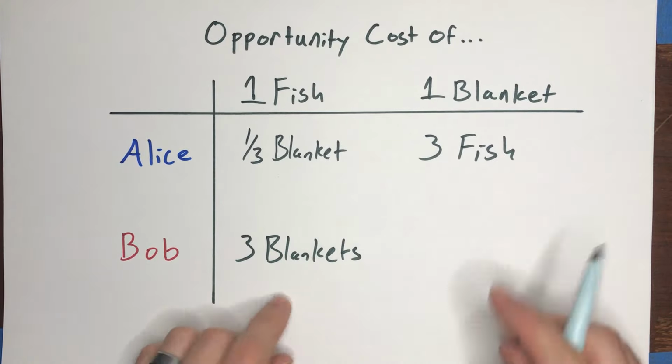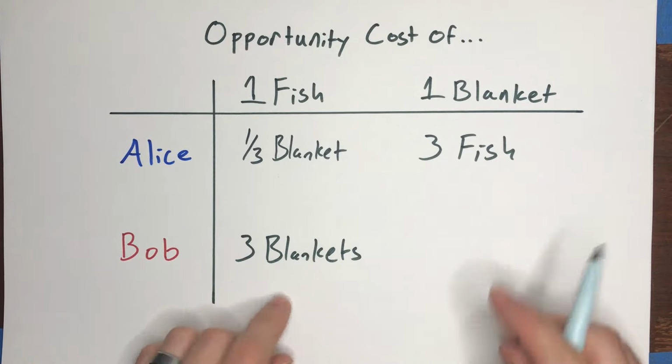Okay, so what does this tell us about the highest price that Bob would be willing to pay or could pay without, say, making himself worse off by specializing in trading than by producing for his own consumption? Well, think about what it costs Bob to produce a fish on his own.